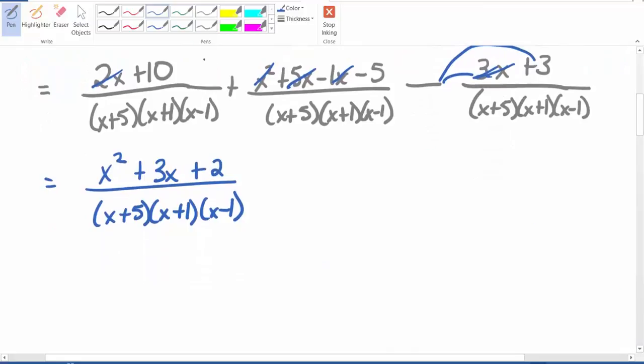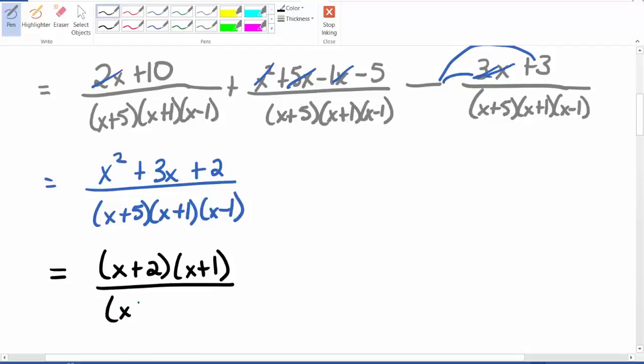The next part, we're going to factor the top. It looks like we can factor it out. It comes out to be x plus 2 times x plus 1, divided by x plus 5 times x plus 1 times x minus 1.